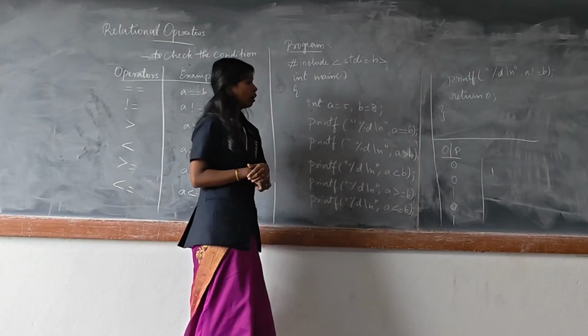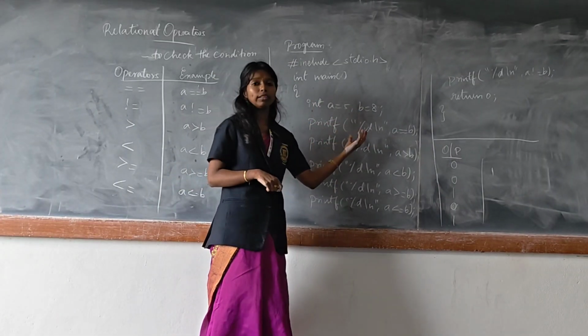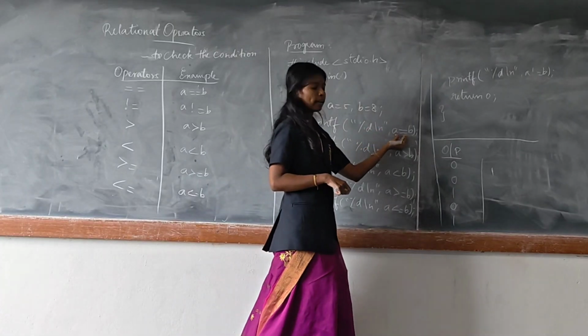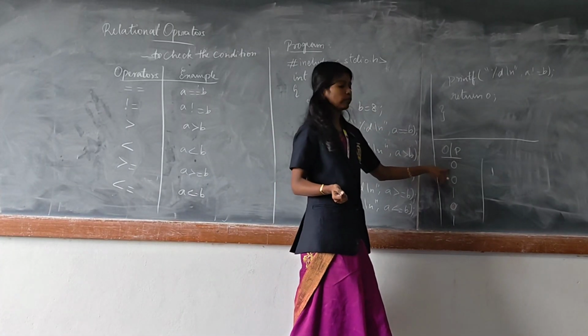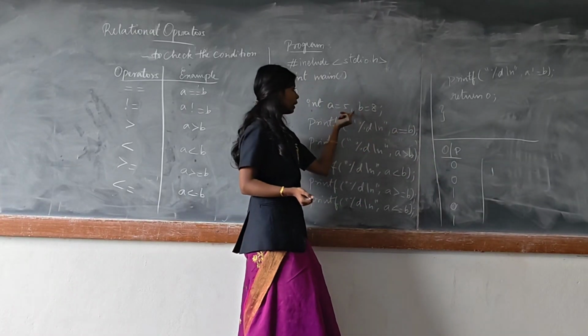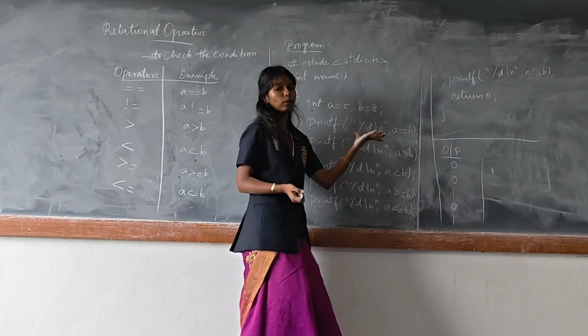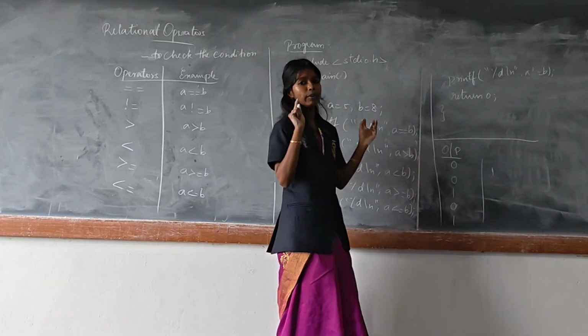If a is 5 and b is 8, what's the output? They are not equal, so the value is 0. If it were equal, we would return 1.